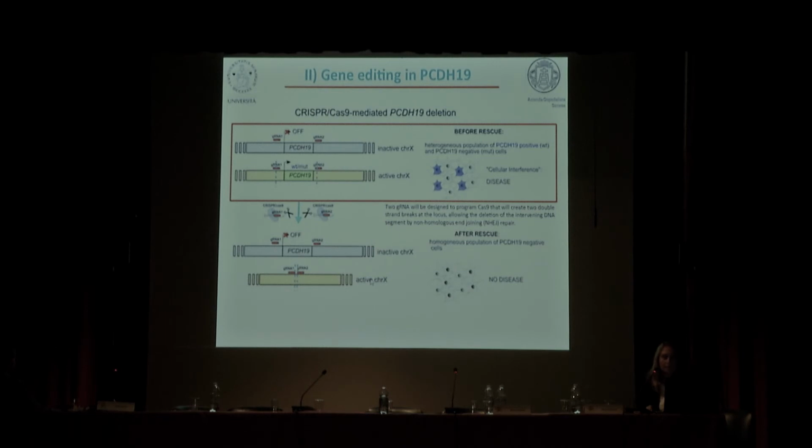Also, this part will be validated in vitro and in vivo, and we plan to generate, with this approach, a homogeneous population of PCDH19 negative cells, and this part will be carried out in Siena.